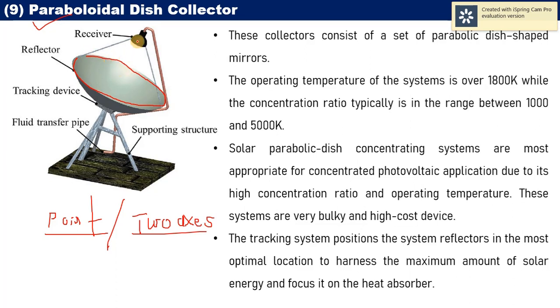This is the reflector, and this is our receiver. All the radiation falling on this paraboloidal dish collector is concentrated at a point. So this is the point focus.